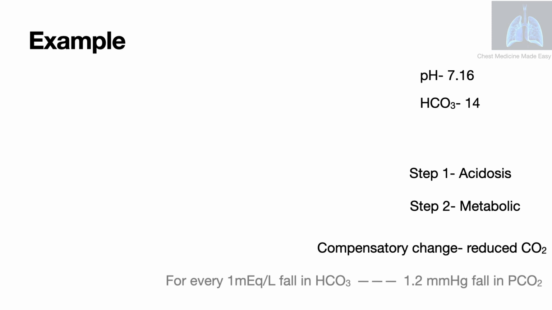So how much has the bicarbonate fallen by? The normal bicarbonate level is 24 and the bicarbonate level here is 14. So that is a fall by 10 milliequivalents per liter. So how much will the carbon dioxide fall by?